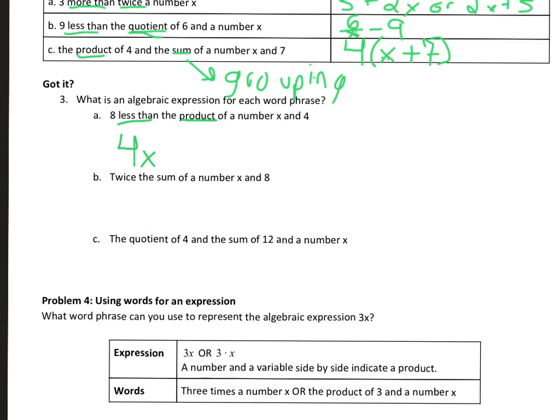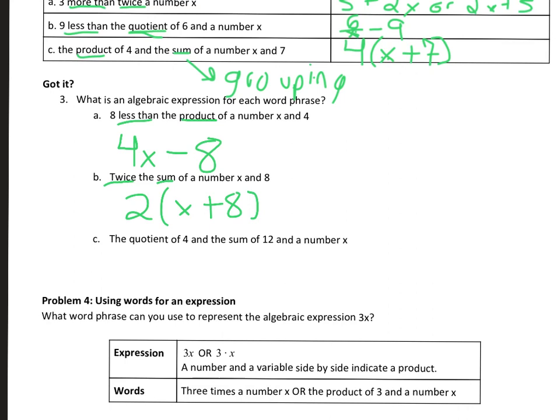And 8 less than that would be that product minus 8. That one's finished. Twice the sum of a number x and 8. So twice and sum. Twice means multiplying by 2 times that sum. That indicates we're going to group these, x and 8.